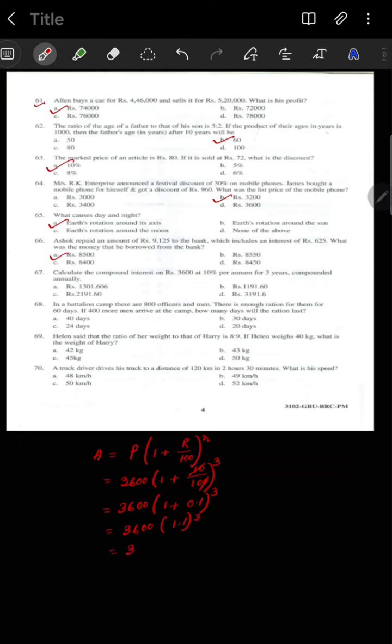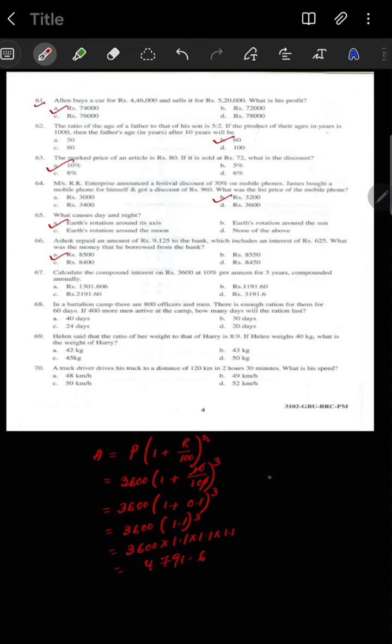So cube means multiply this value 3 times: 1.1 into 1.1 into 1.1. If you multiply them, you will get 4791.6, okay.